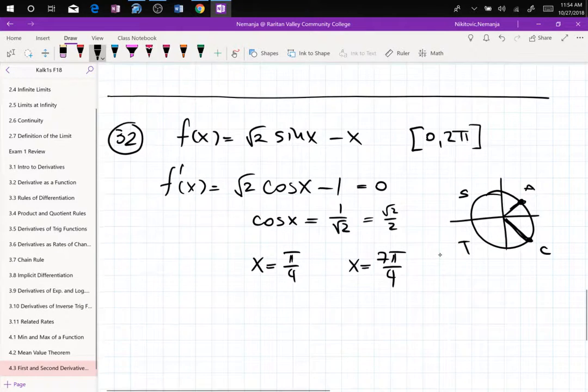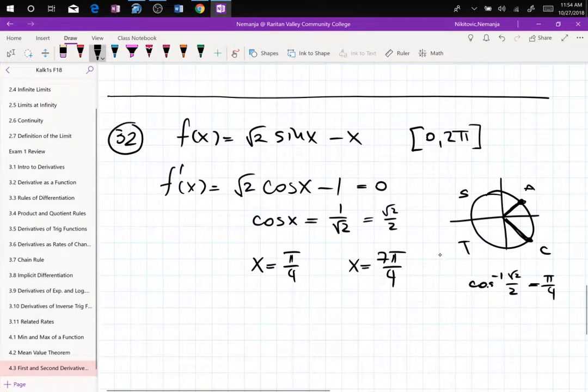I know that inverse cosine of root 2 over 2 is pi over 4, because cosine of pi over 4 is root 2 over 2, which is the 45 degree angle. Pi over 4 radians is the same as 45 degrees if you use degrees.